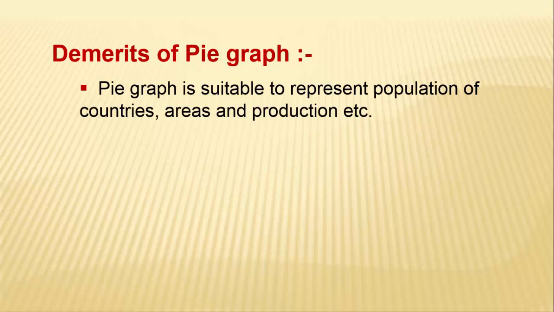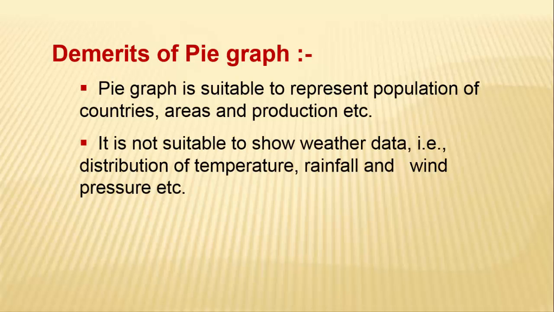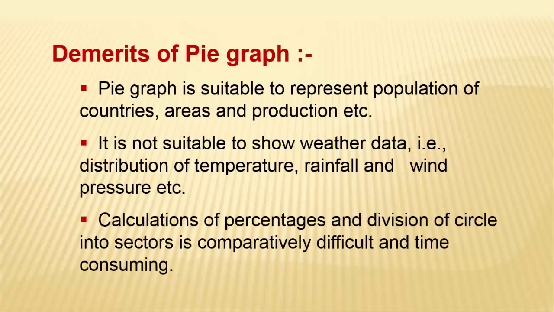Demerits of pie graph. Pie graph is suitable to represent population of countries, areas and production, etc., and doesn't cover a wide range. It is not suitable to show weather data, for example, distribution of temperature, rainfall and wind pressure, etc., which is hard to show with the help of a pie graph.